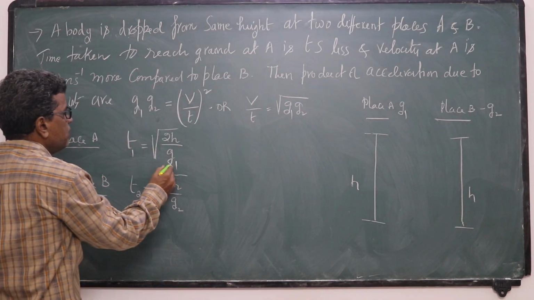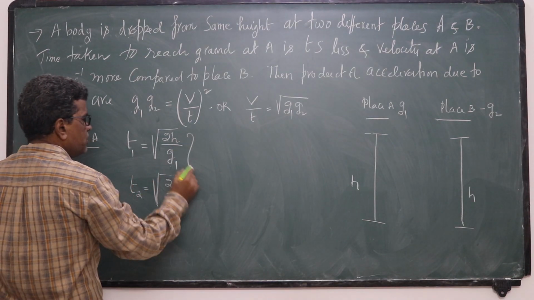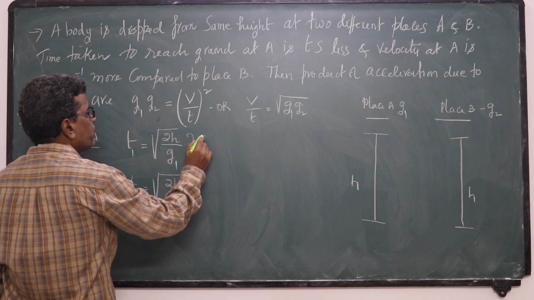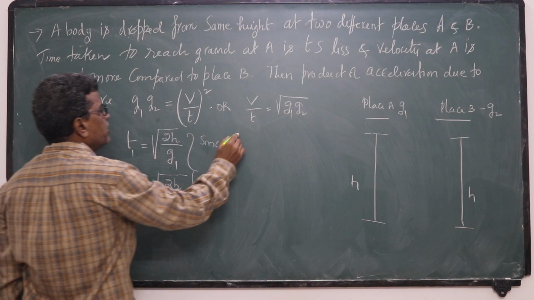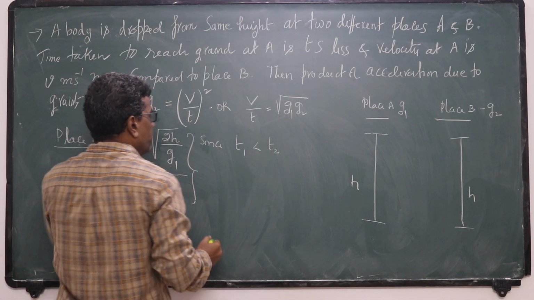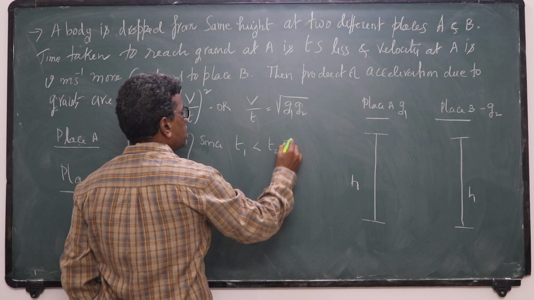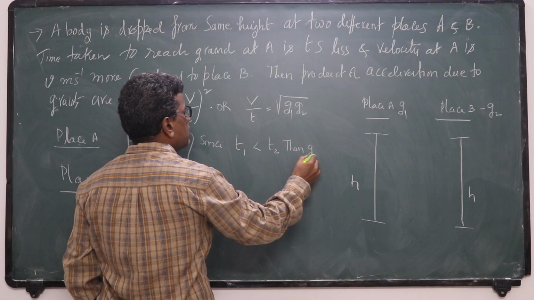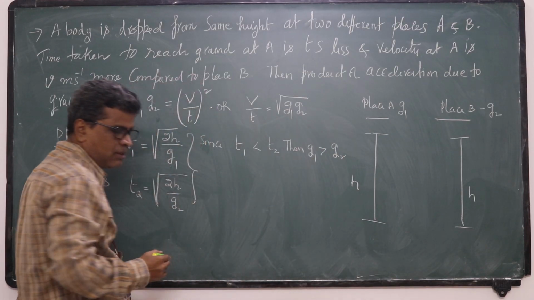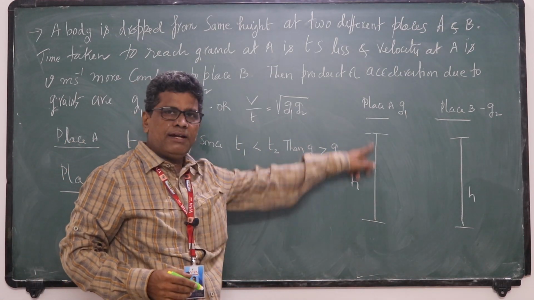Less means g will be more. That means we can conclude from these two, since t1 less than t2, g1 greater than g2. Okay, that means if gravity will be more, it will take less time.